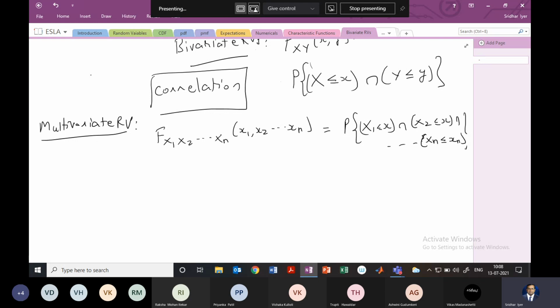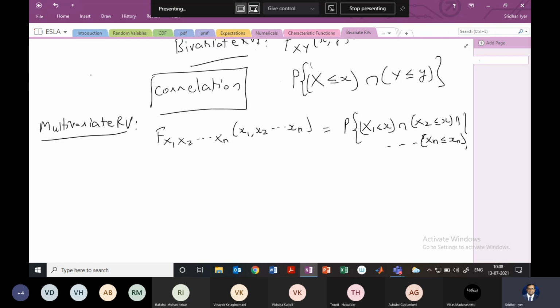So finding the correlation is very significant, because it helps us in finding the physical connection between the two random variables, x and y. So this has major applications, and we want to look at these as well.